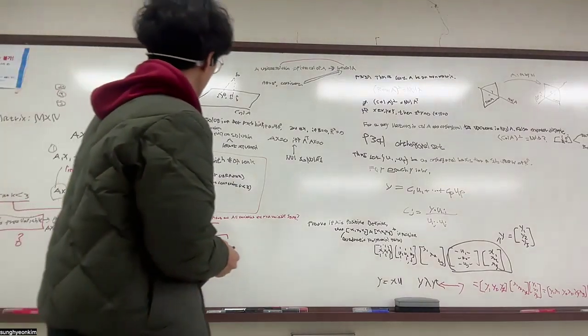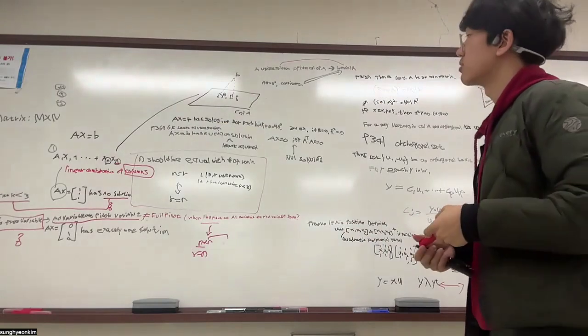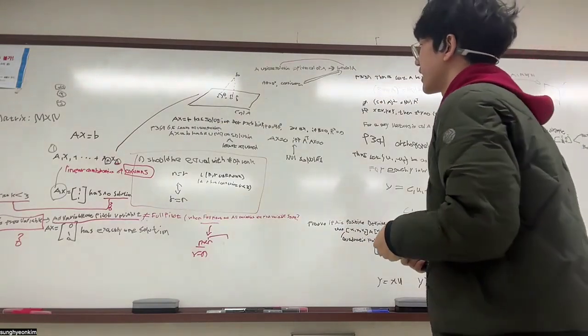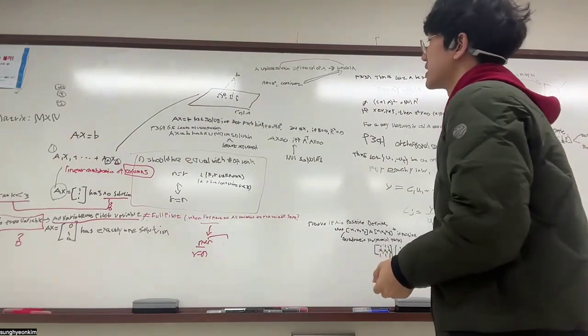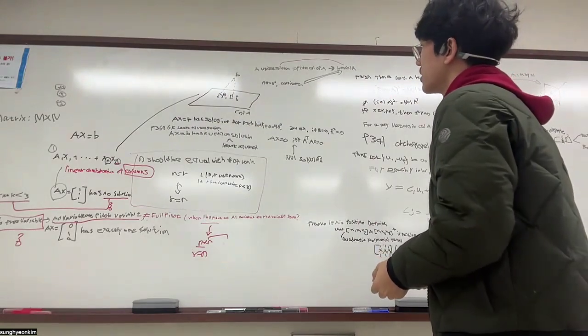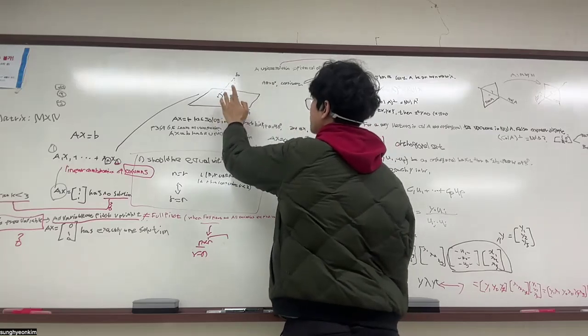With this, we can further search the proposition: Ax equals b has a solution for each b, which means b should be in the column space of A.